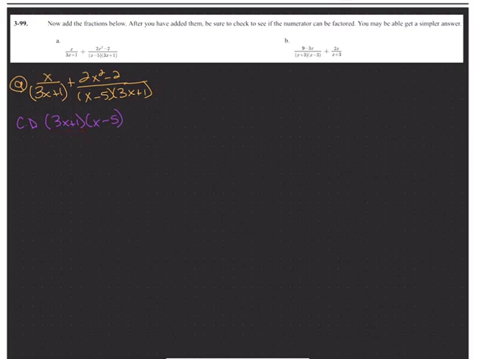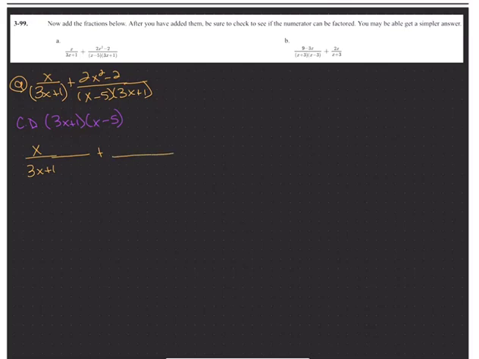So I am going to write my original: x over 3x plus 1, and I'm just going to make that fraction bar a little bit longer.